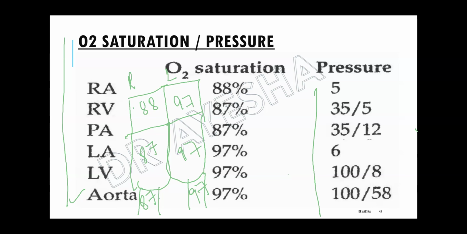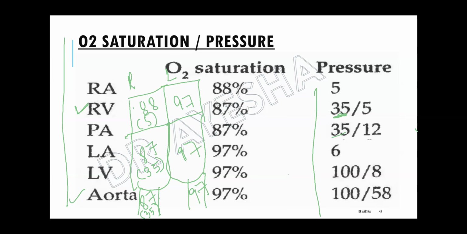Now it is time to follow the pressures. The right atrium pressure is 5. When you look at the right ventricle, the pressure is around 35. And in the pulmonary artery, the same pressure, 35. Are you following with me?